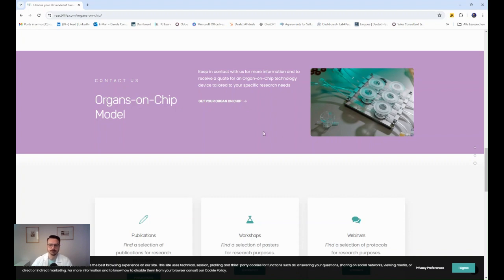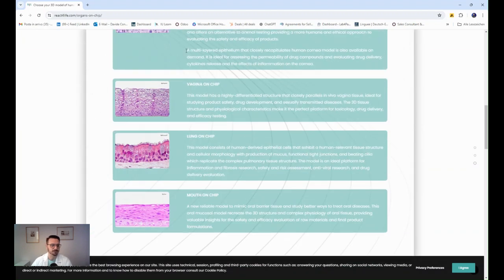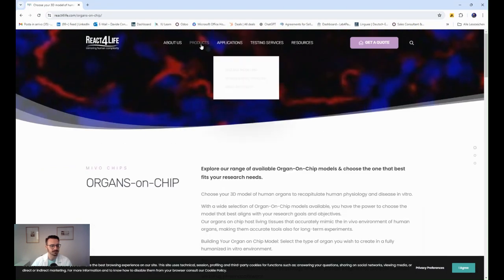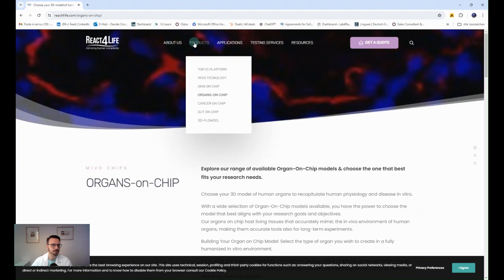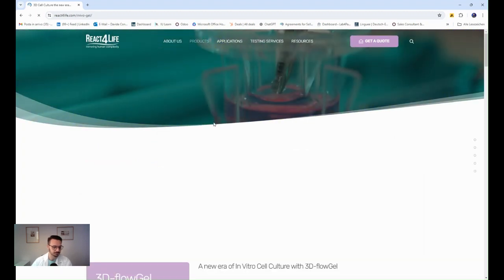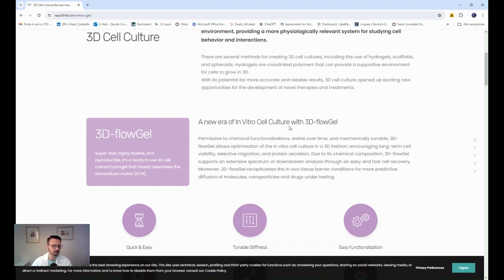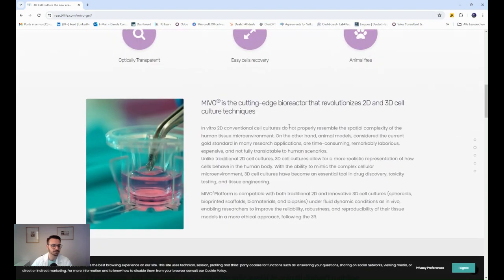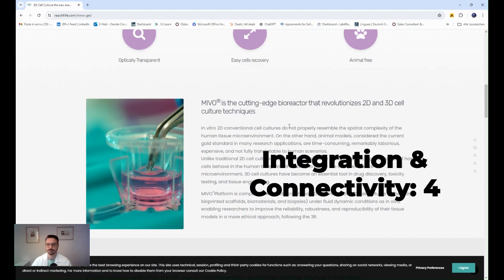We have seen different models already that they set up, but they do this as a service, and they allow everyone to put basically their own 3D models or patient-derived tissues into that. So really, really flexible, really good integration and connectivity. This is also a good 4.